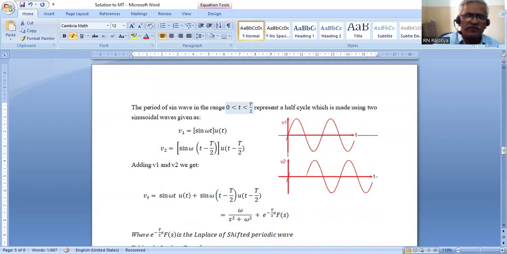This pulse is obtained by, so you just have a look. Given this pure sine wave and you add to this a shifted one, you need to shift it by this much.